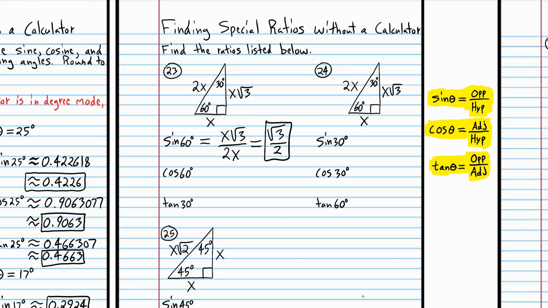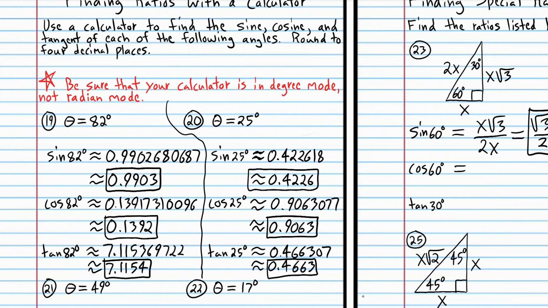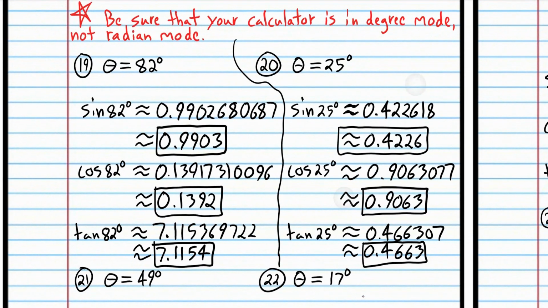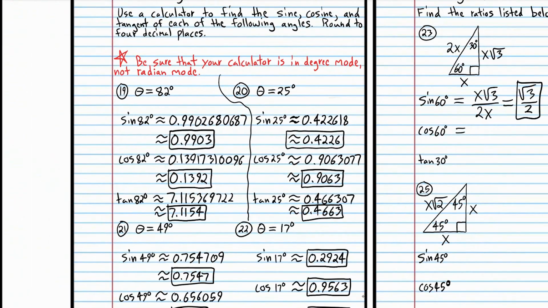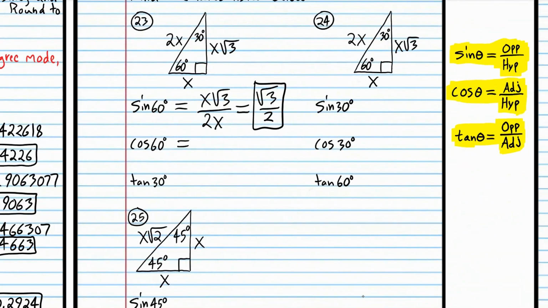If you don't, that's okay. These are pretty advanced topics, but we don't need a calculator for these special angles because we know the relation between the sides. If you want to know the relation between the sides in a triangle with an 82-degree angle, that is not easy. Those are irrational numbers, decimals that go on forever, so that's why we need a calculator for those.